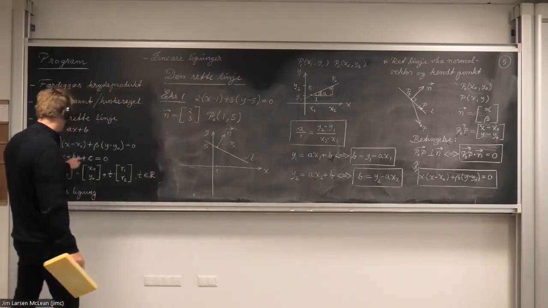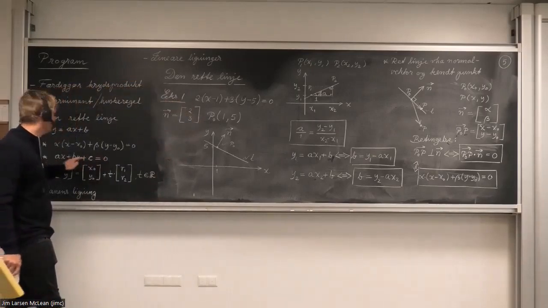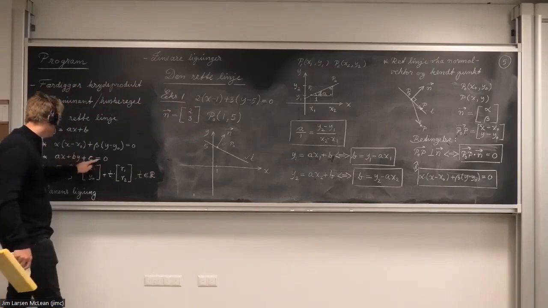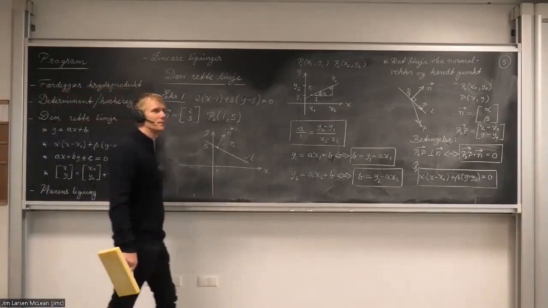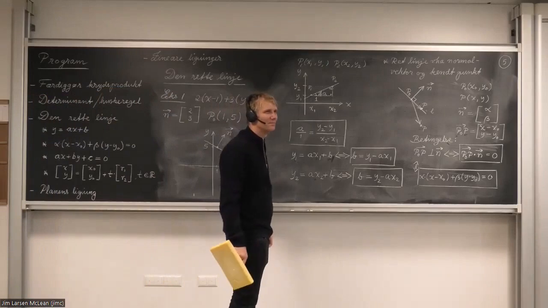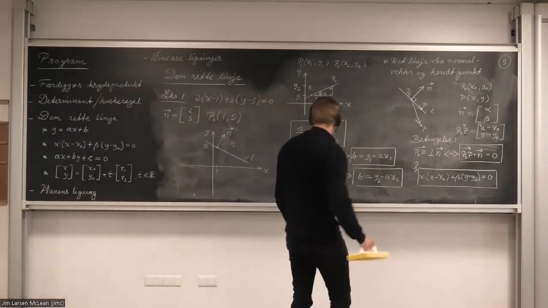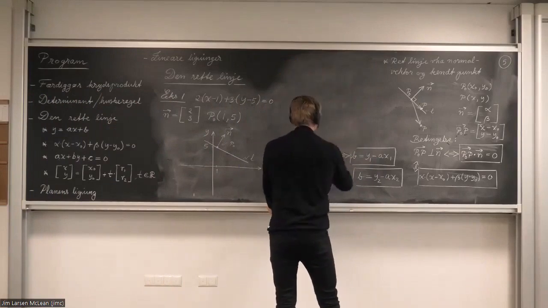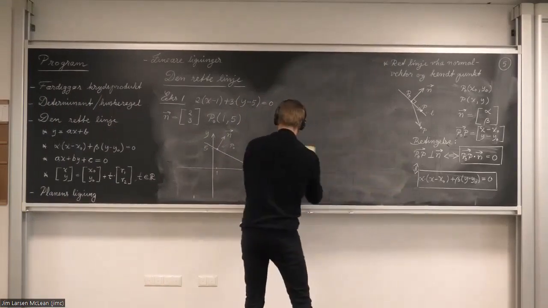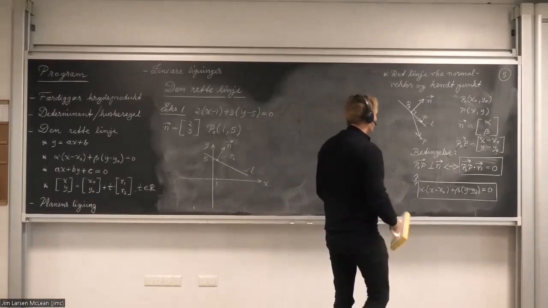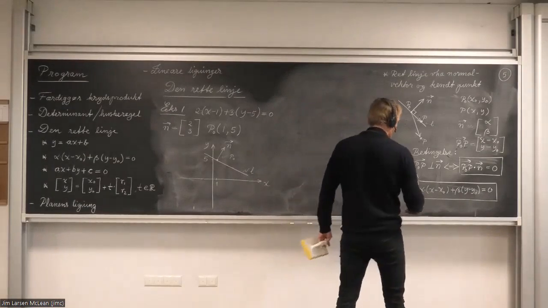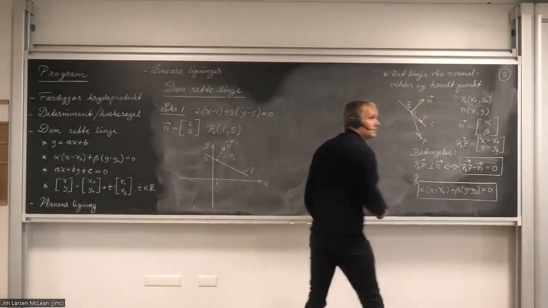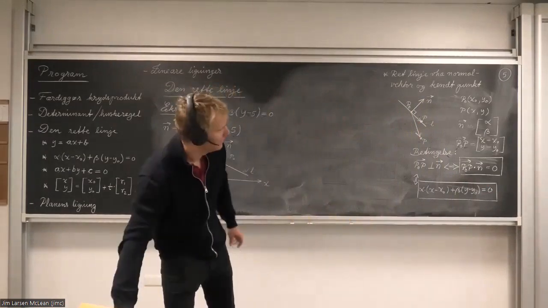So we come to this point here. What is this now? Ax plus By plus C equals 0. That's also a straight line, and we need to see why that is. Because if I look at what's written down here, which was a straight line, I can just multiply out the parenthesis.